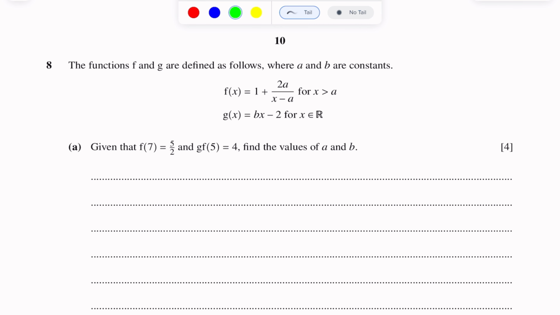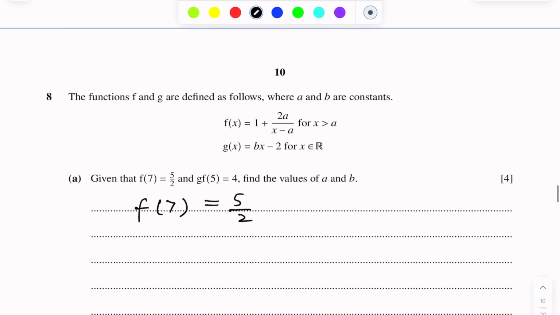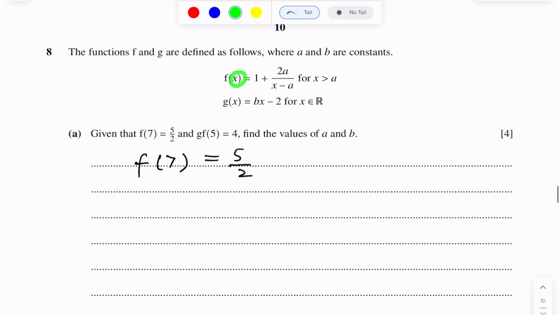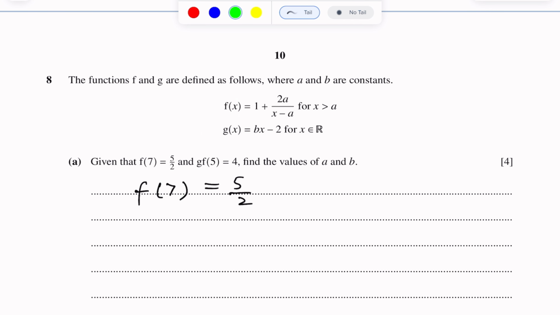Now first of all, it is given that f(7) is equal to 5 over 2. So first of all we will find f(7). f(x) is given as 1 plus 2a over x minus a. So in place of x we are putting 7. Then we will get an equation.